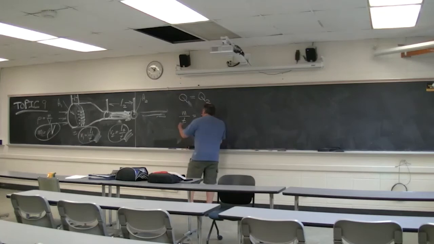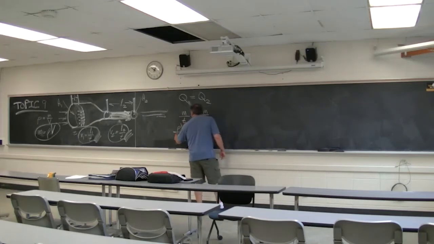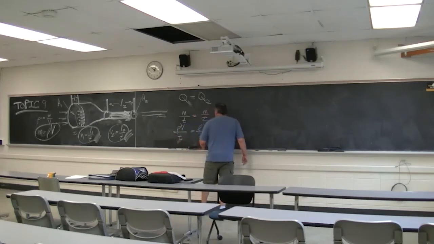What the heck, we got this far, let's just do it. Rho V over T equals rho V over T. That's what this is. If I divide by rho on each side, let's talk a little bit.